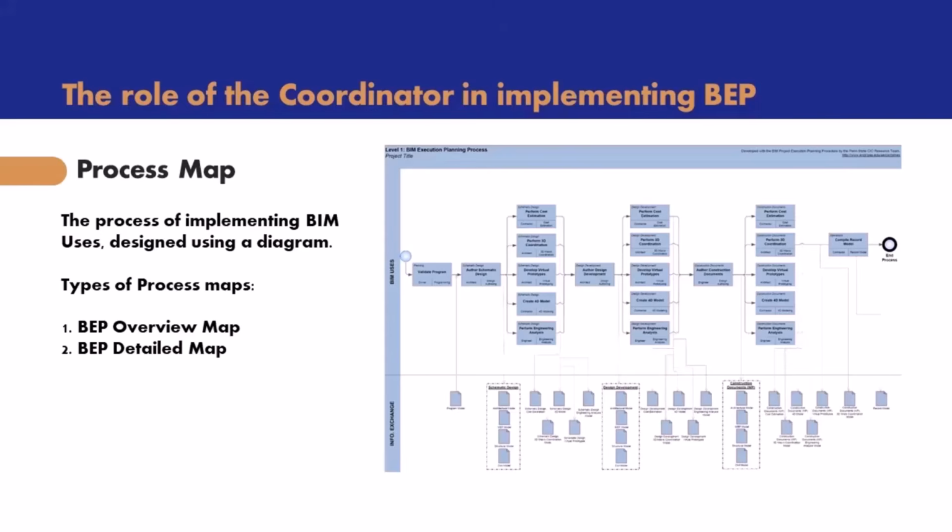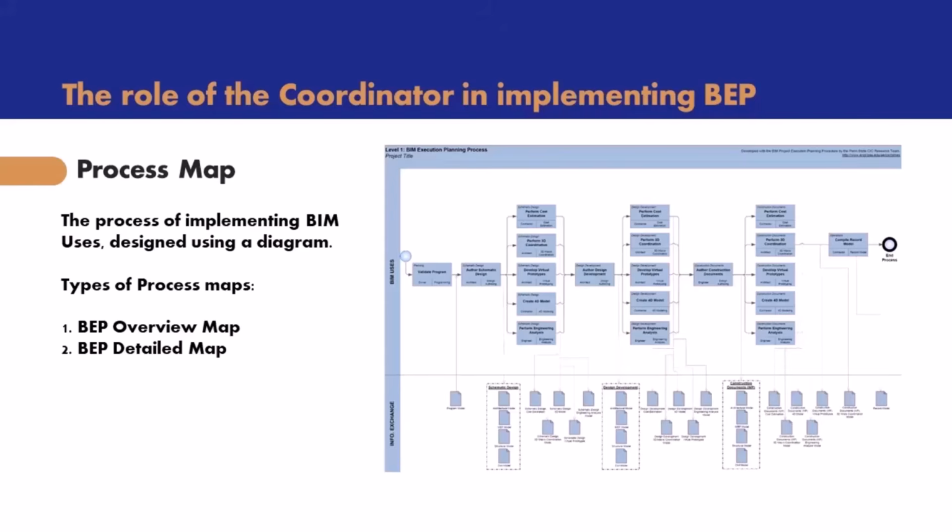Well, it includes the names of the process and BIM uses, or which person or team is responsible for running these BIM uses. And for example, in order to do these BIM uses, what information needs to be shared? Well, it has an important part that I will talk about more later. Well, it has a detailed title that forms the BEP detailed map.